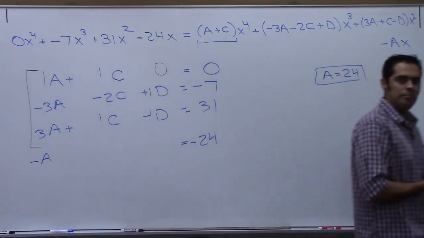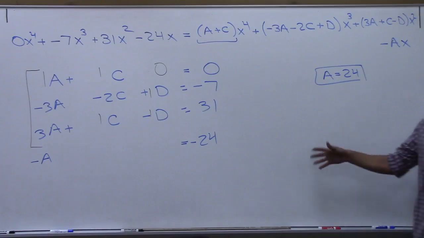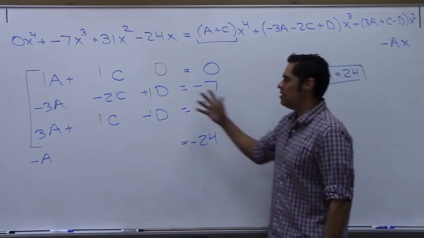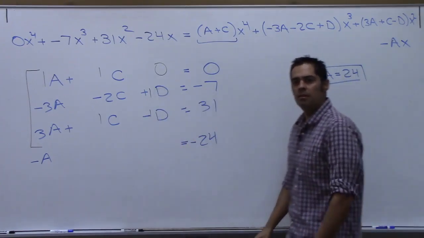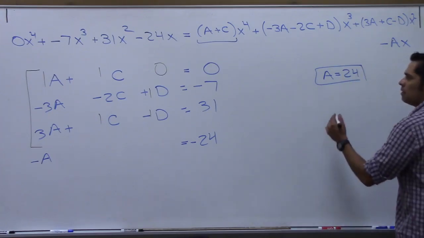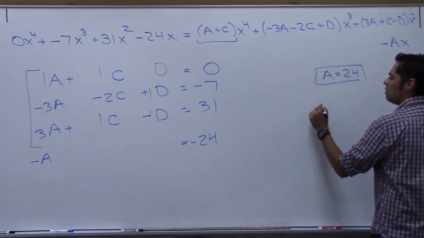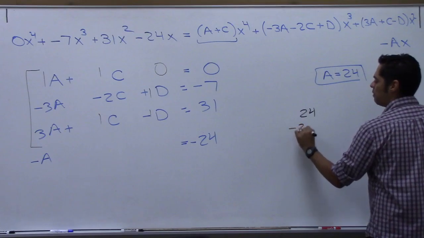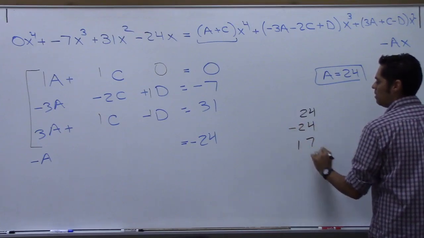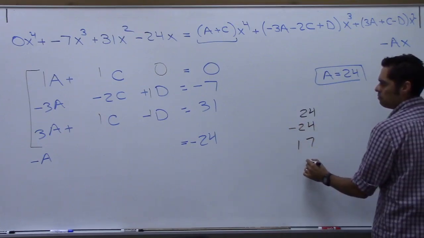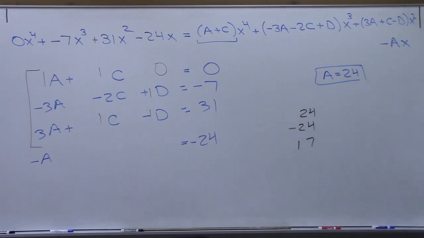Didn't we solve for C having A already? Yes, you could go back and do a bunch of things to get C, and then once you have C, you go get D. So you got 24, negative 24, 17, 0, 0. Oh, you put all the equations in.